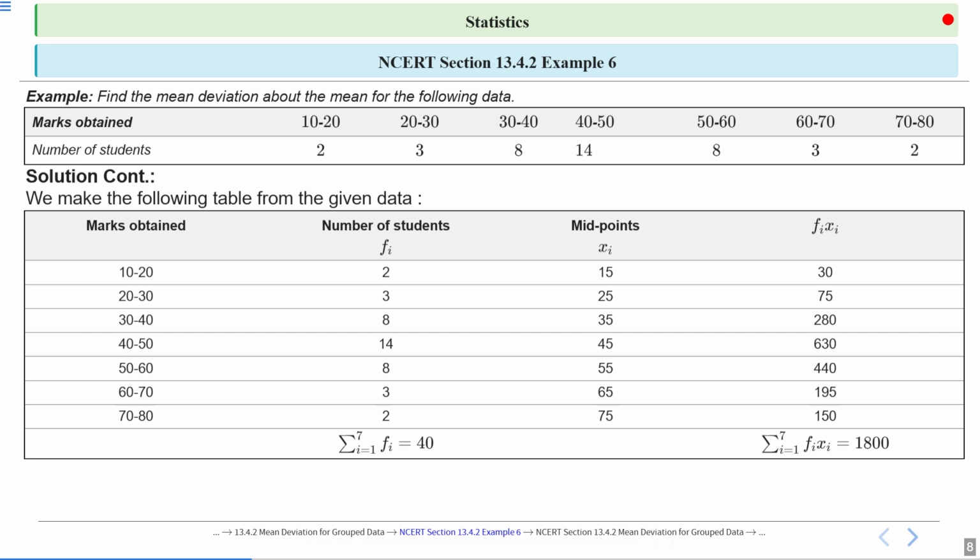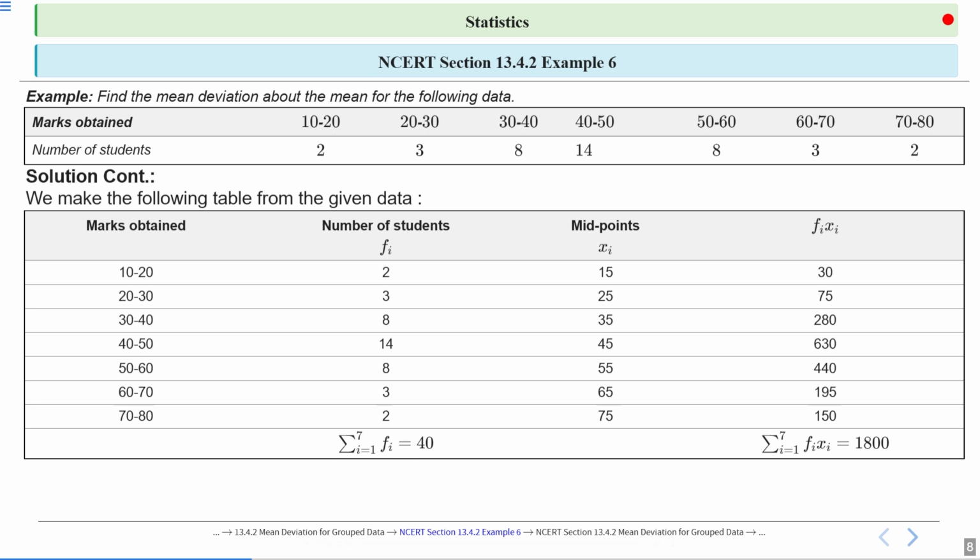So look at this table. In the first column, we have the class intervals of marks out of 10. In the second column, we have the number of students, that is our frequency of the given data. And in the third column, we have the midpoints, that is xi.